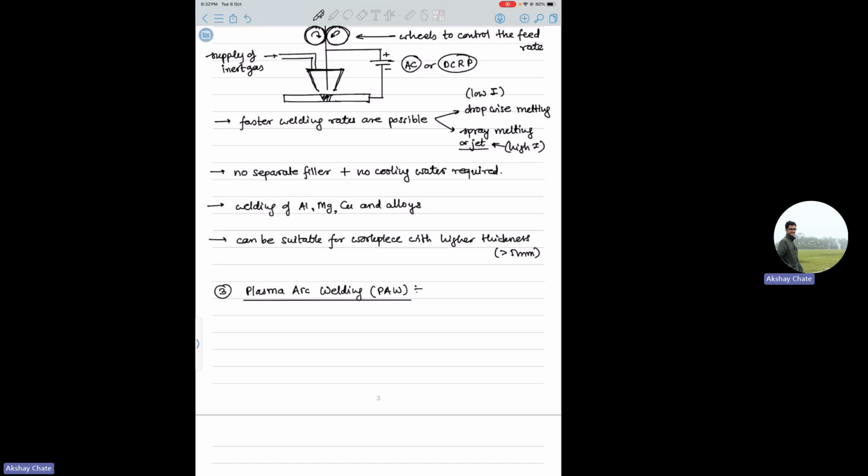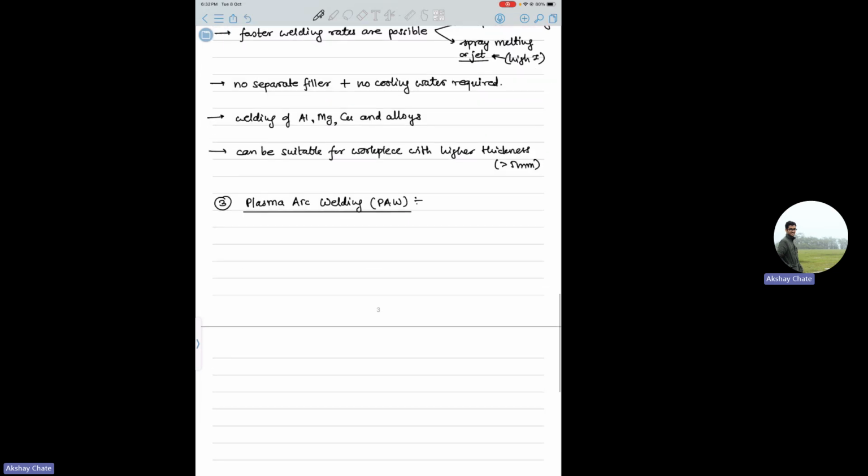Here it's similar to tungsten or TIG welding, but the difference is that you supply high pressure plasma through a ceramic nozzle. So you don't have a normal arc here; you have a plasma arc. Okay, so the setup will look something like this. You can always look up the exact drawings on the internet or any standard textbook. I'm just giving you the main pointers, because this was not discussed in the class, but you should know.